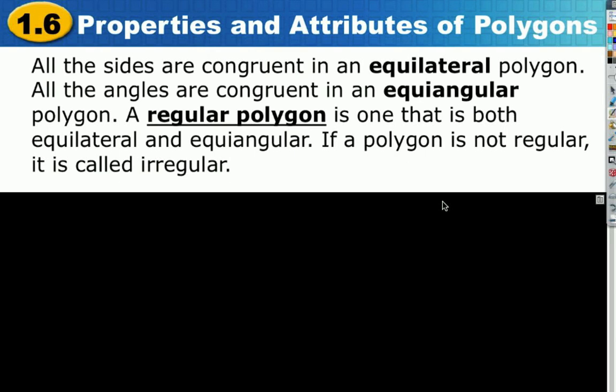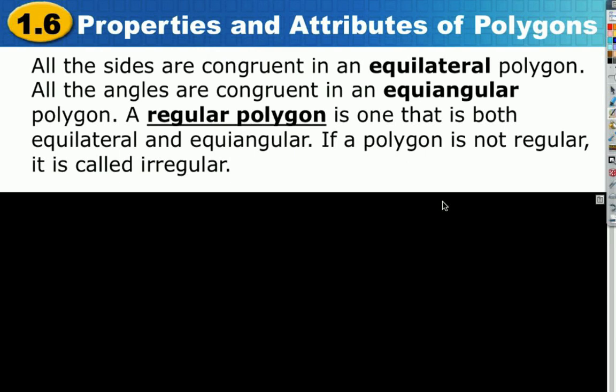But what you must know by the time you walk out this door is that equilateral refers to an object that has all the same length sides. They're all congruent. Equiangular refers to a shape that has congruent angles.